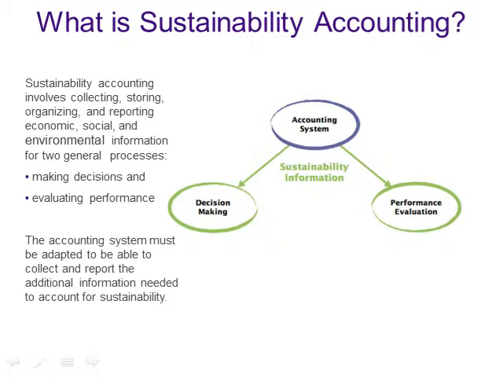And so when we talk about sustainability accounting, we're talking about the ability to collect, store, organize, and report in ways that inform our economic, social, and environmental information for making decision purposes and evaluating performance purposes. Our accounting system must be able to collect and report that additional information needed to account for sustainability.